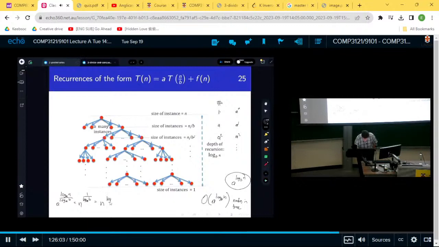We get log base b of b, divided by log base b of a. Log base b of b is 1. So this will be n to the power log base b of a. If you look at what we had before, we effectively switched a and n. So our recursion tree has order n to the power log base b of a nodes.